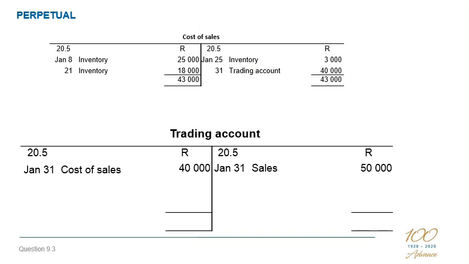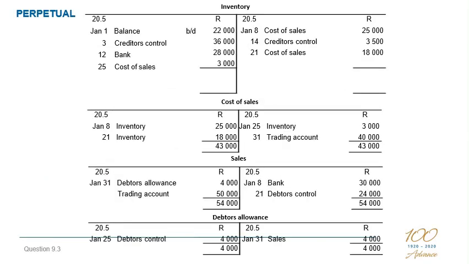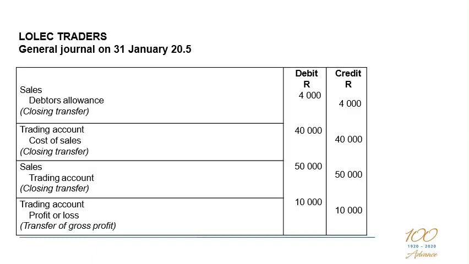So at this point, we took the cost of sales to the trading account. We already have our sales in our trading account. Can you see that all the income and all the expense items that I started out with, I've now done the closing transfers for them via the general journal.